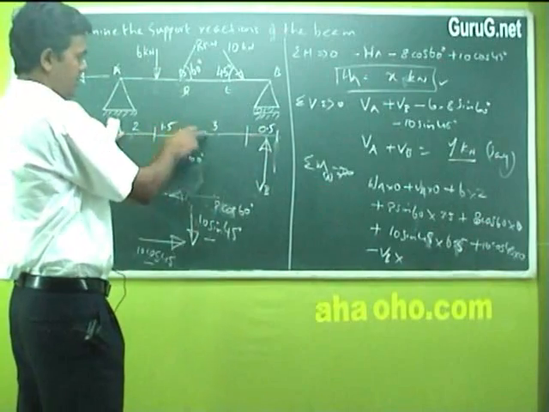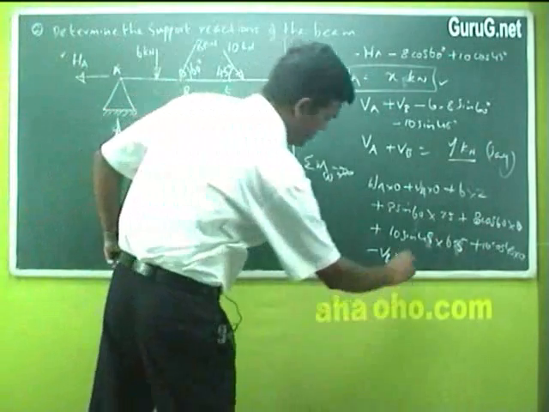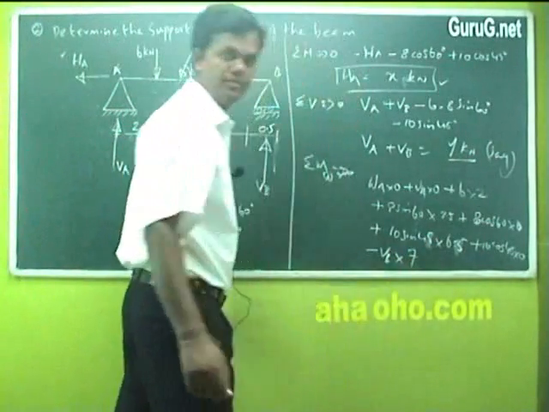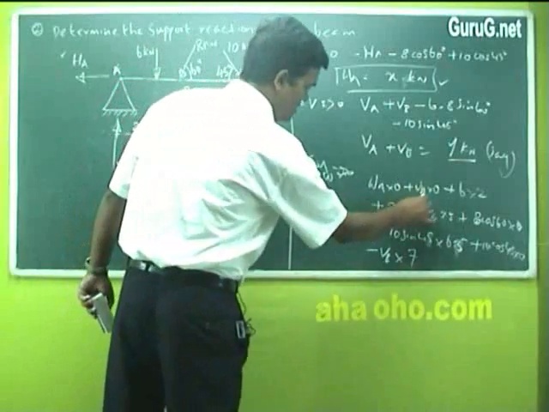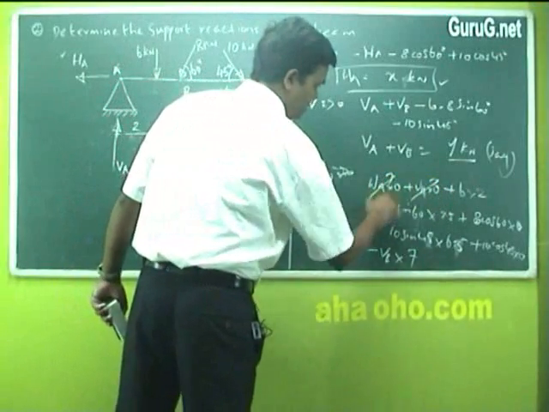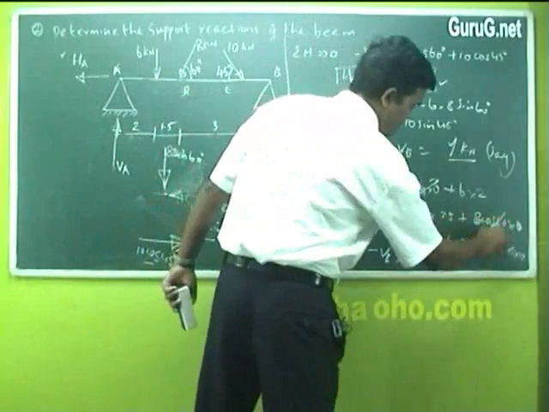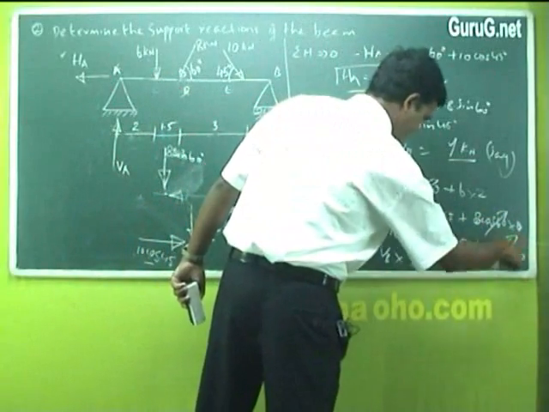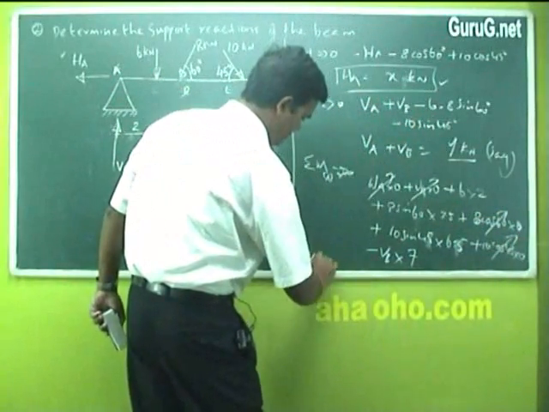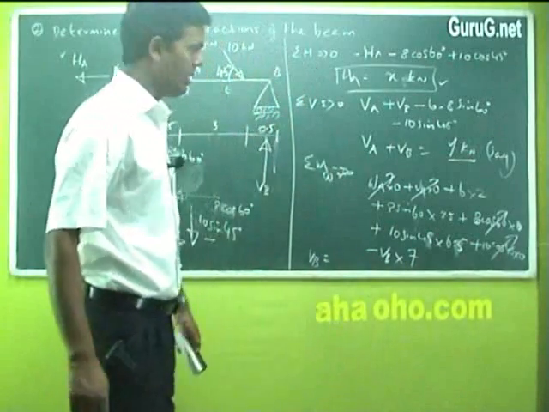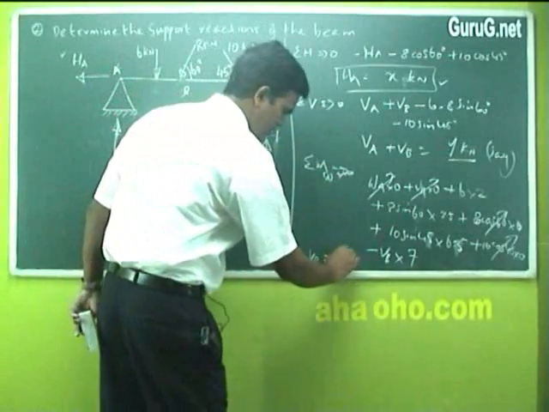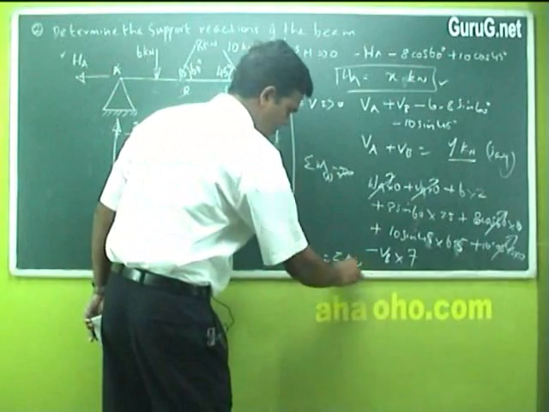That is 6.5 plus 0.5, which is 7. Total is 7 meter. So the terms that become 0 are all 0, and the remaining gives you the answer for VB. Suppose Z kilonewton, some value.